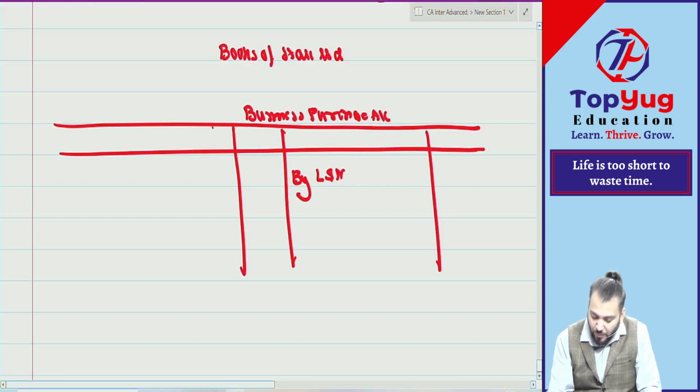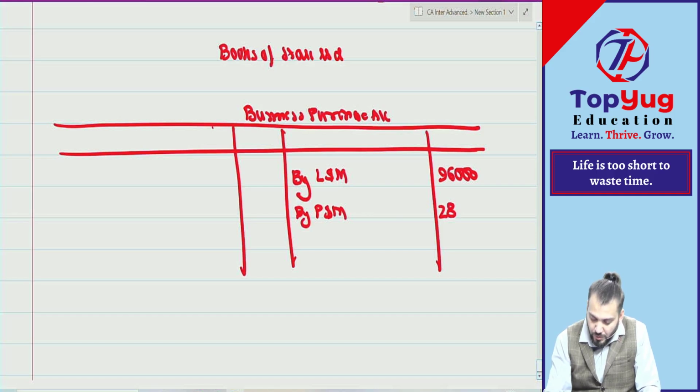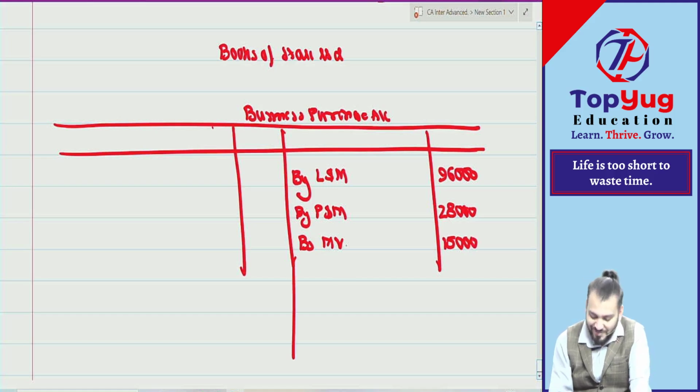Buy land and building. How much? 96,000. Then buy plant and machinery. How much? 28,000. Then buy motor vehicle, 15,000. Correct. Now buy inventories.